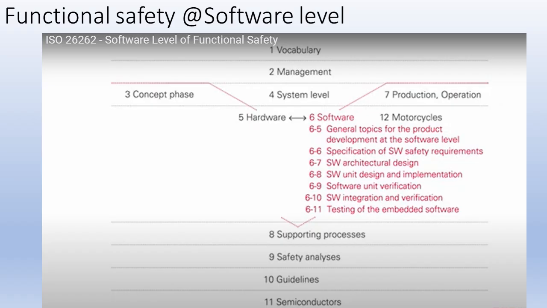Specification of the software requirements, software safety requirements, software architectural design, software unit design and implementation, software unit verification, testing of the embedded software. All these various things will be clearly outlined.